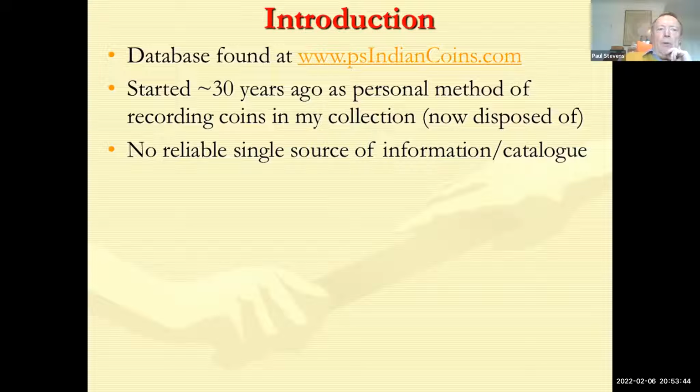And then there were lots of other catalogues around, and also catalogues which appeared, like the Coins of the Indian Sultanates written by Stan Goron, and lots of catalogues by Nick Rhodes and his colleague. But trying to find a single source of information, well, it was impossible.